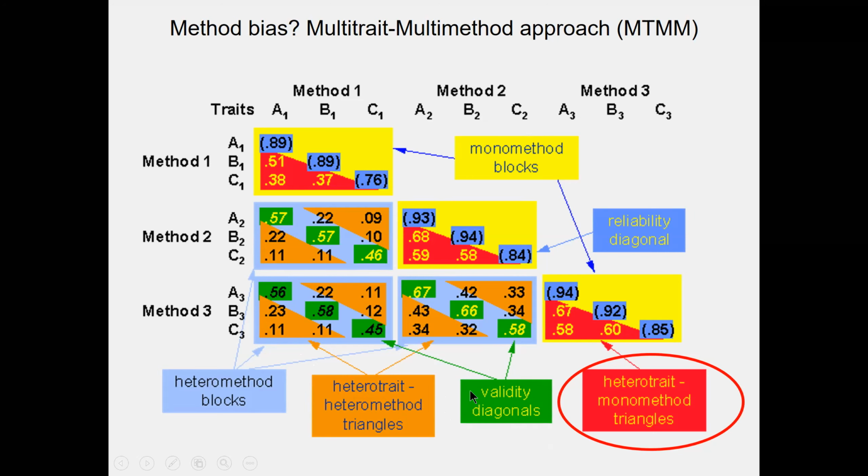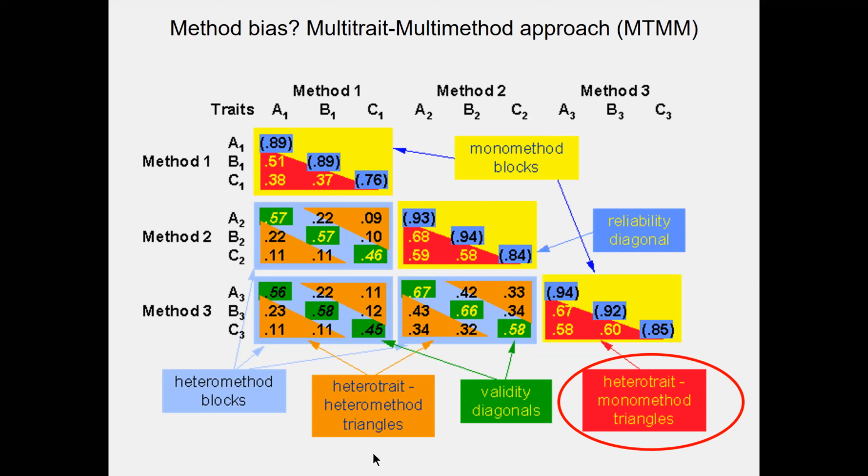So these are moderately high validity diagonals. We're doing okay. We want our reliabilities to be high. Doing pretty well with that. But unfortunately, our heterotrait monomethod diagonals are pretty high, particularly in these two blocks. So what does that mean?